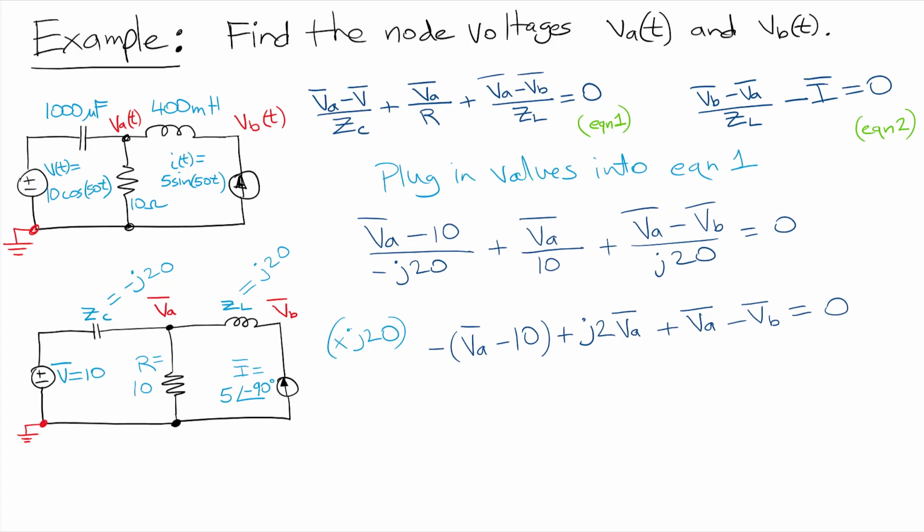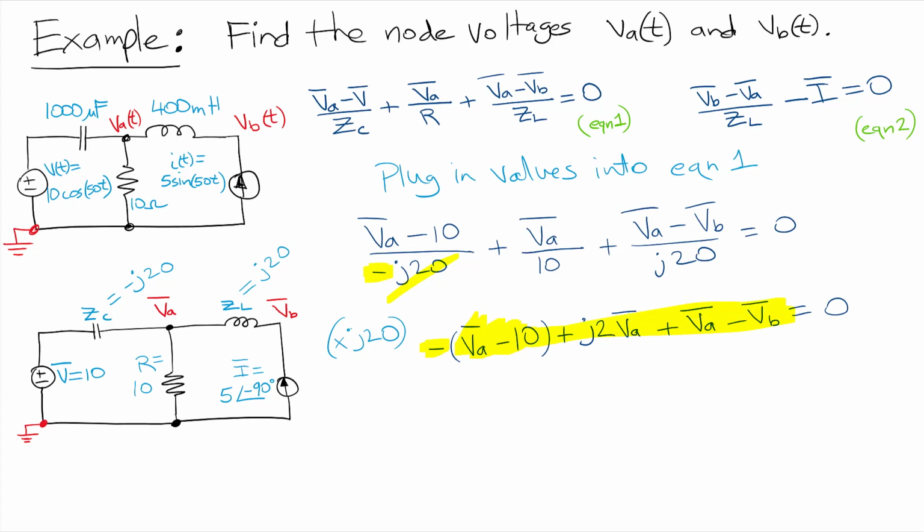The minus sign goes upstairs, and the denominator gets canceled. So we're left with VA phasor minus 10, and multiplying by j20 results in the equation we have here.